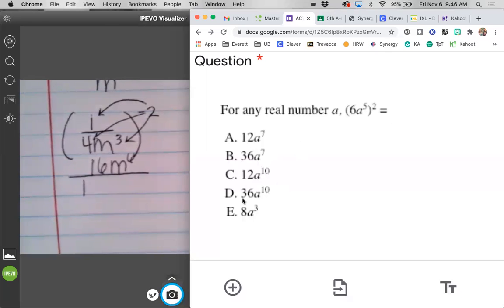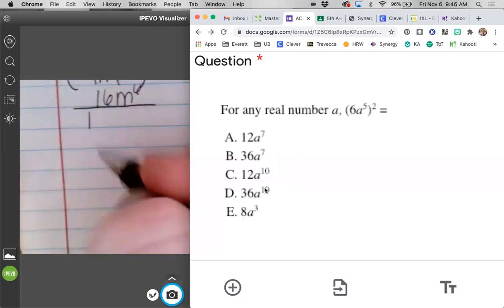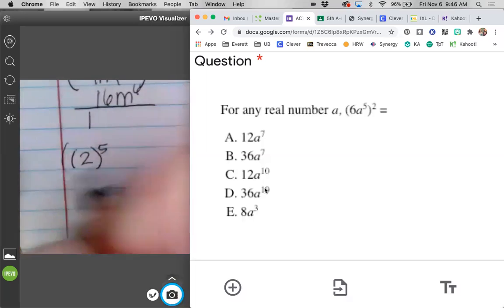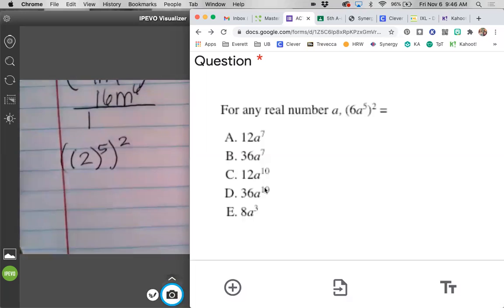Let's say that you weren't sure. Another kind of strategy for getting the right answer: you know 6 squared is 36. You know there's a 50-50 shot. It's only going to be B or it's going to be D. Pick a number to be A, and let's say that maybe A is 2. 2 to the 5th squared, like it is up here in the problem line. See if that is equal to A to the 7th or A to the 10th.